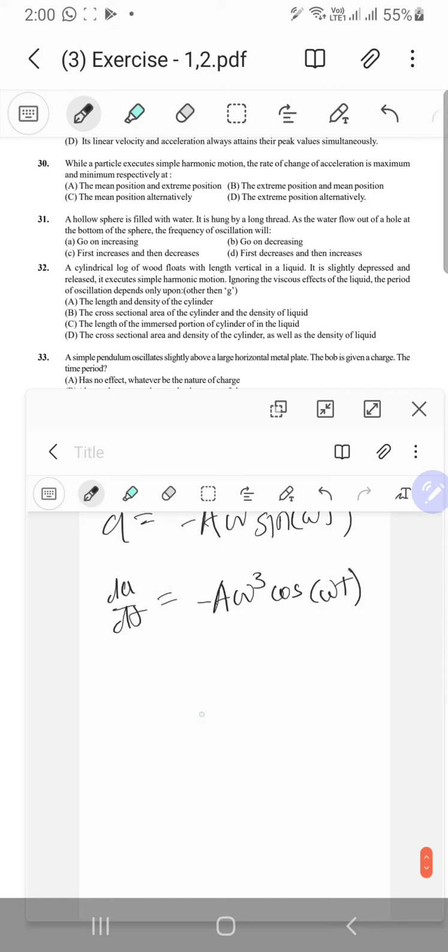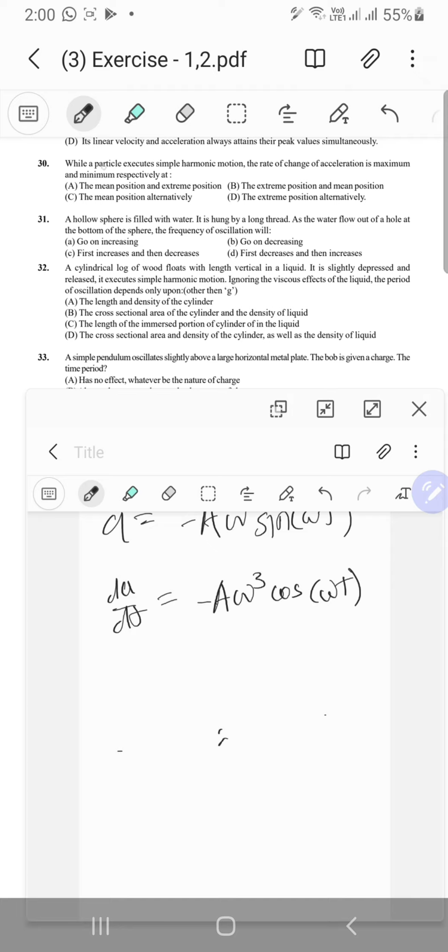At the mean position, this will be 0 or pi, that will give minus 1, so it's going to be a omega cubed, and at pi by 2 it is 0. So at mean positions this rate is maximum, at the extreme positions this rate is minimum.